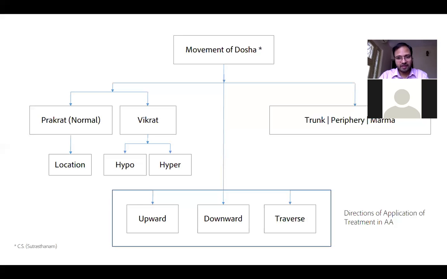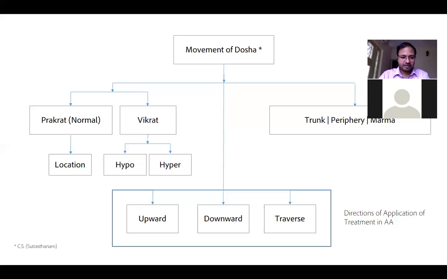So these are the channels through which prana flows from chakras to the rest of the body. So the doshas can affect the trunk, periphery, or also they can affect the marma. If marma are affected, then the related areas to which the marma supplies prana also get affected.